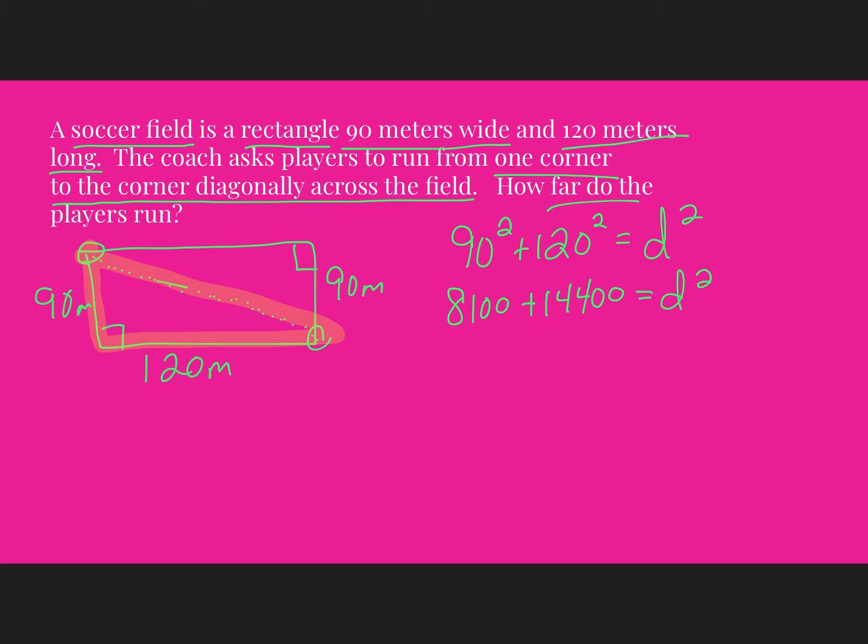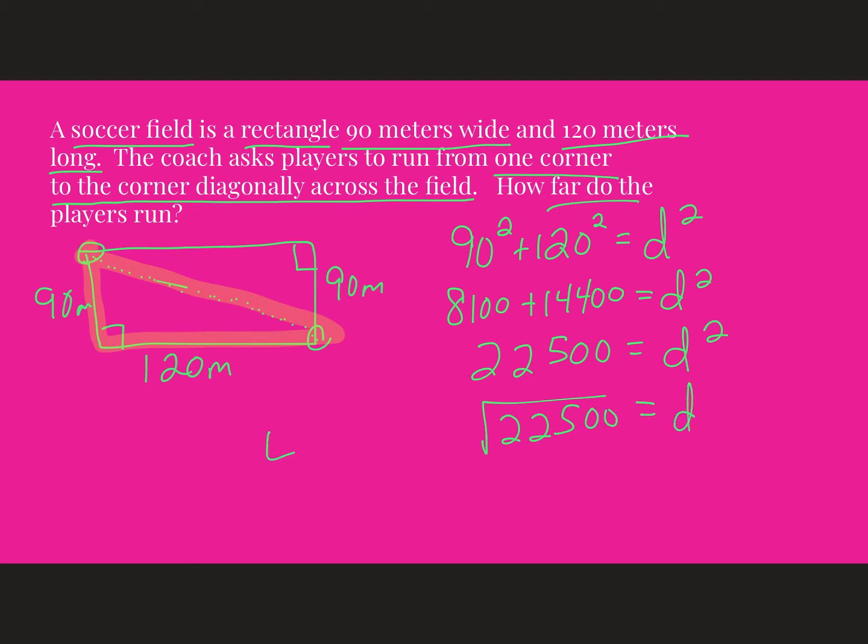So I'm going to add these numbers up. So I have 8,100 plus 14,400 gives me 22,500 equals d squared. We take the square root of 22,500 to give me d.